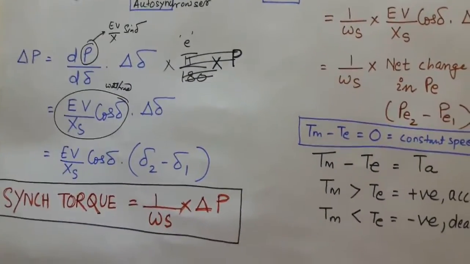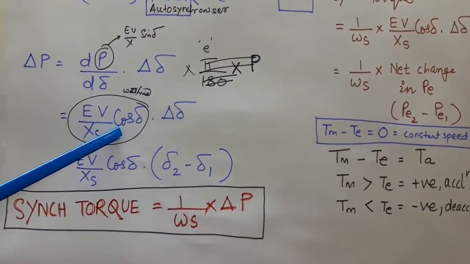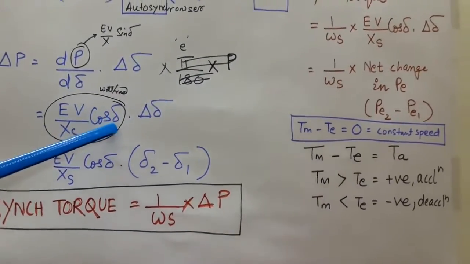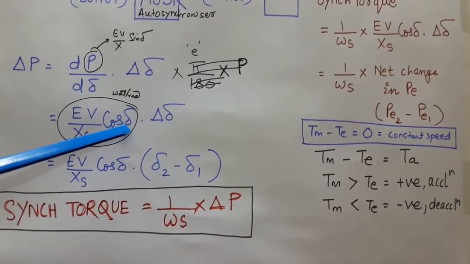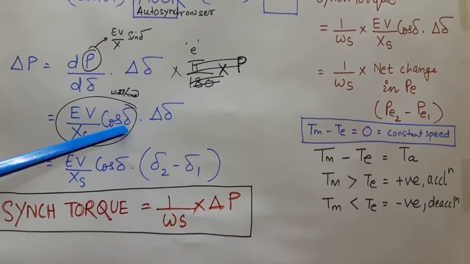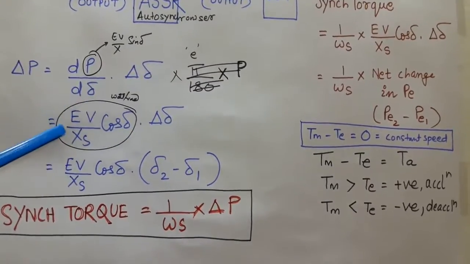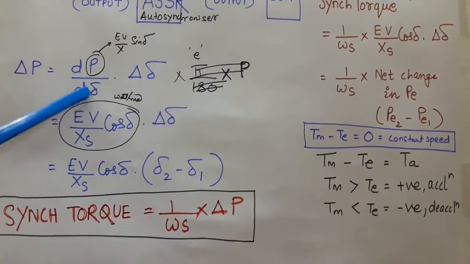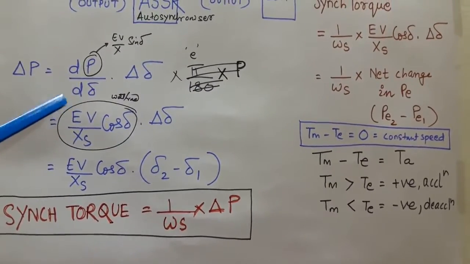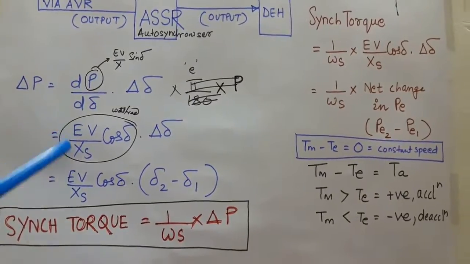This is also known as the synchronizing coefficient, or power coefficient. Here you can see the more the load angle, the less the cos delta term will be. So we are going away from synchronism. That is why this coefficient is nothing but the rigidity between stator and rotor, the locking between stator and rotor.